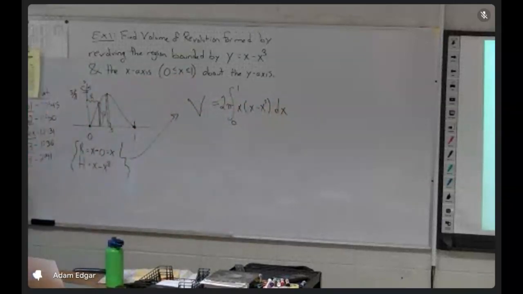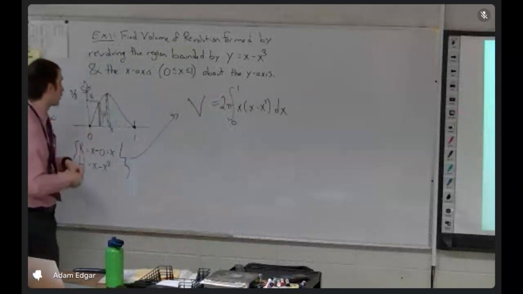So the heavy lifting, as usual, is on the front end with making the graph, identifying R, identifying H. First of all, identifying this is a shell situation, not a disc and washer situation. As we go along, we're going to start jumbling them together, and then you have to figure out for yourself, should I use discs and washers or should I use shells?